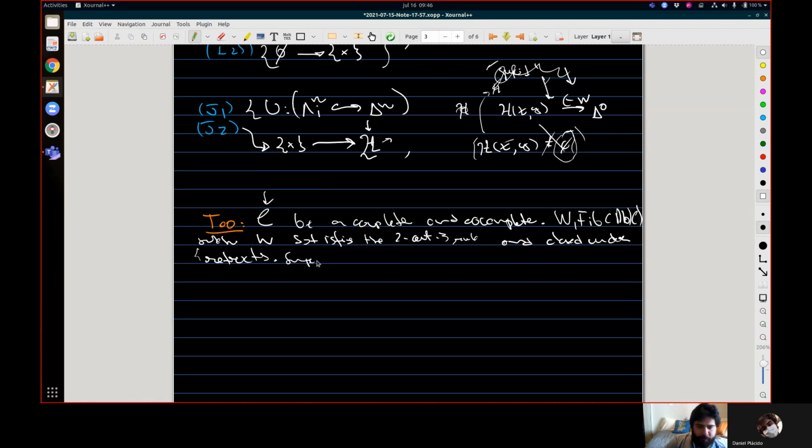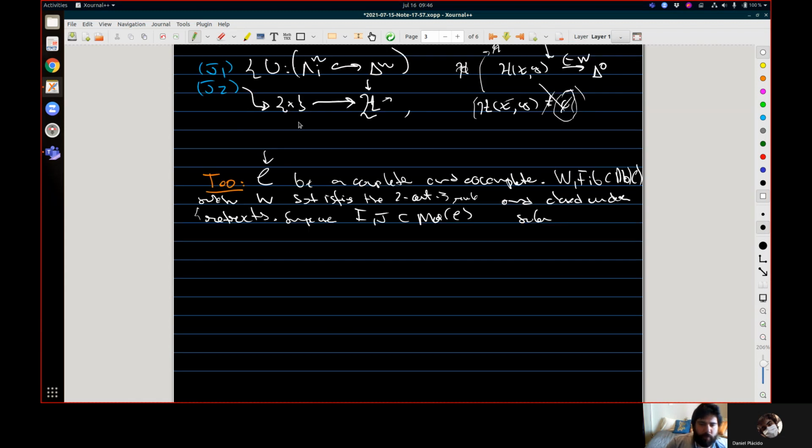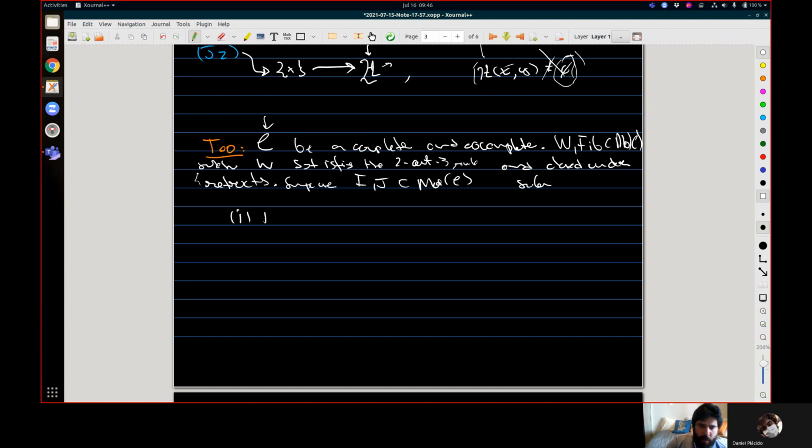And suppose that there are I and J, two collections, the generating cofibrations and generating acyclic cofibrations, such that there are four conditions. I and J admit small object arguments.